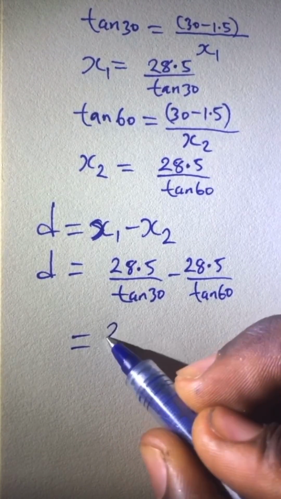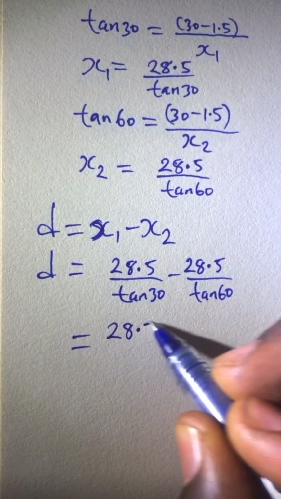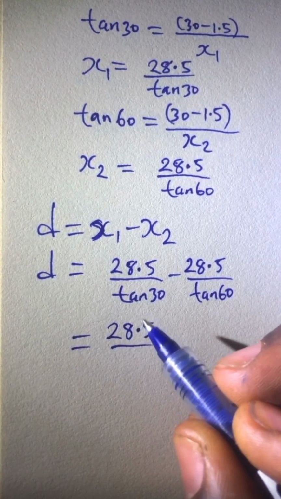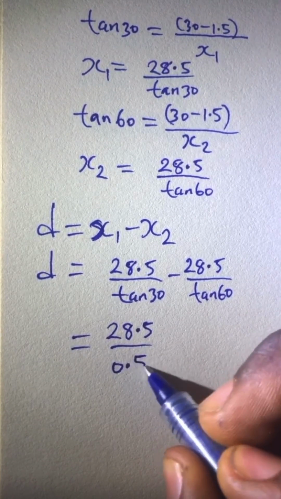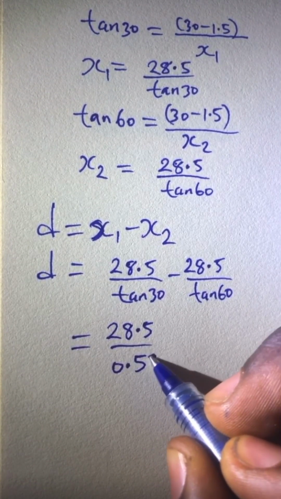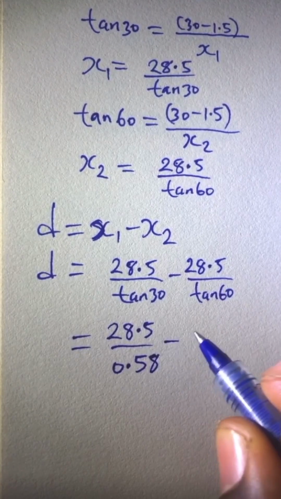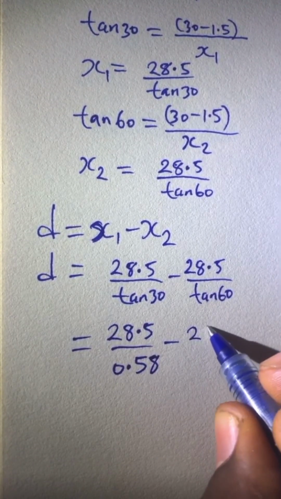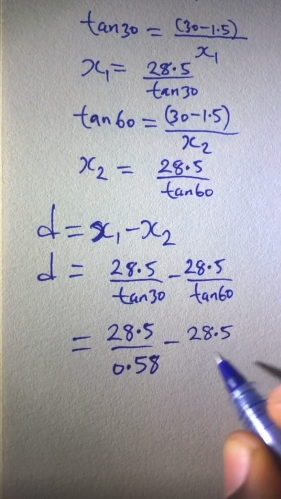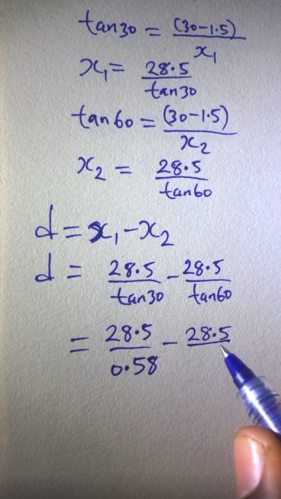This is equal to 28.5 over tan 30. Tan 30 is equal to 0.58 minus 28.5 over tan 60.